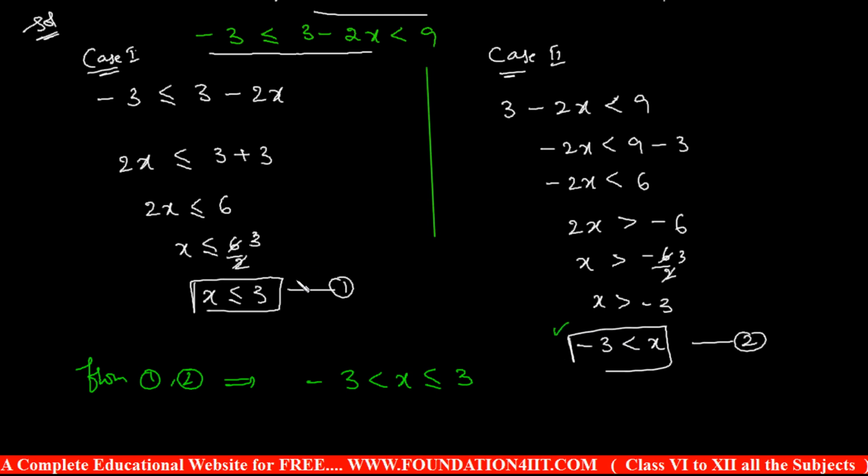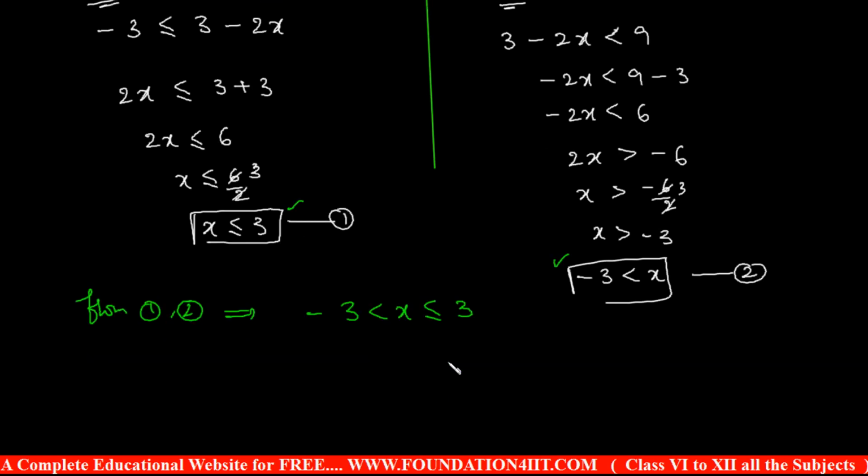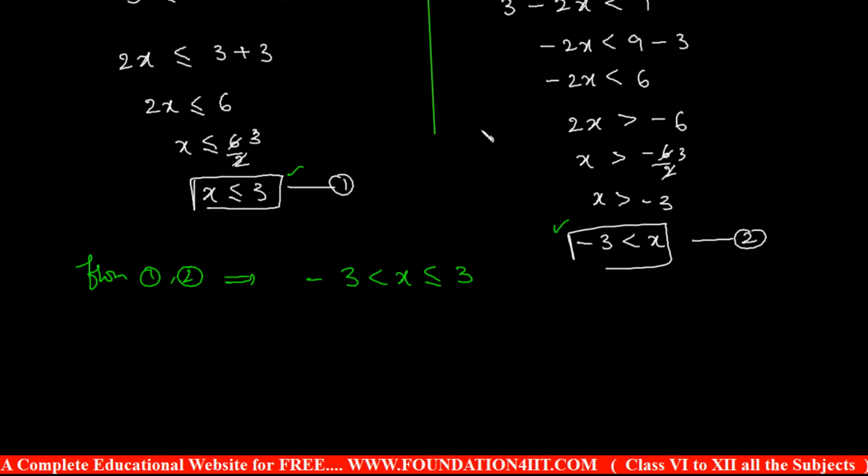These two I just wrote combined together. Minus 3 less than x as it is, x less than or equal to 3. Yes, both are matching, right? For this we can draw the number line. According to this, x belongs to real numbers. That means x is in between minus 3 and 3, but 3 is included and minus 3 is not included.